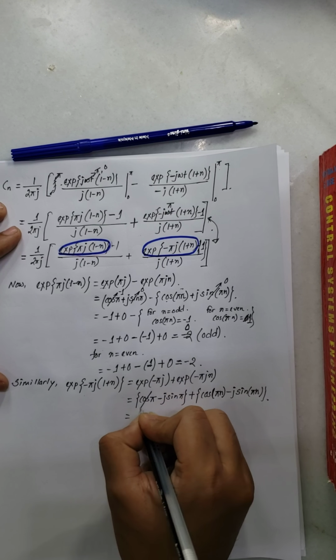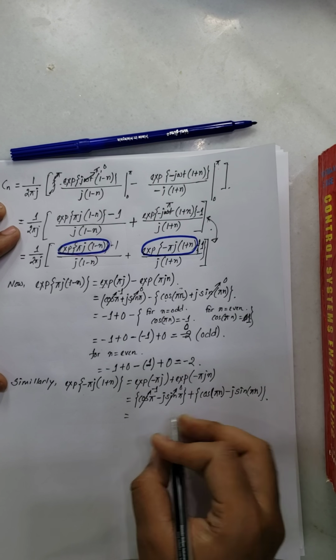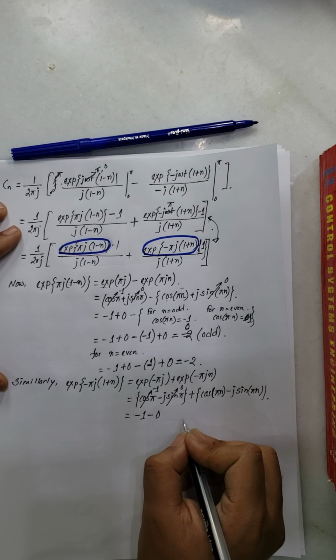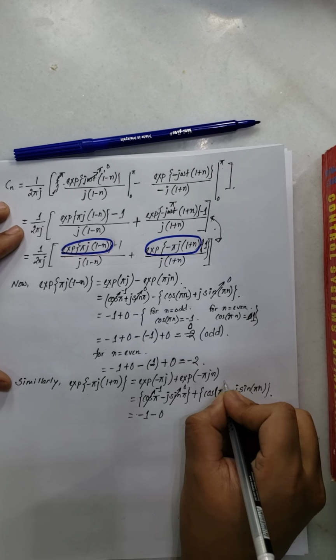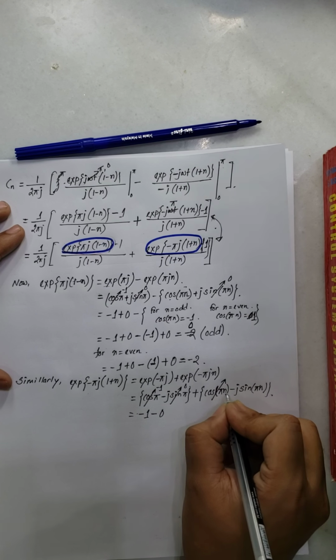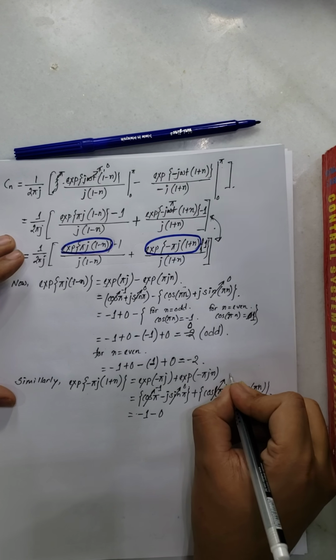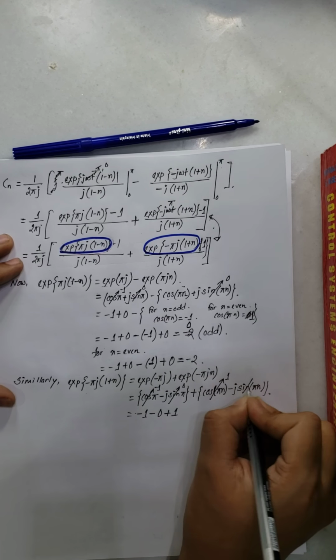Now once again, this term is always minus 1. This becomes 0, so we can write minus 1 minus 0, and when n is even, we can write this term to be 1, and this is always 0.